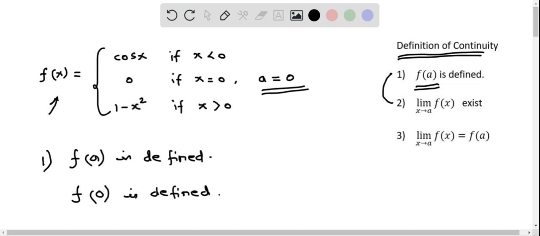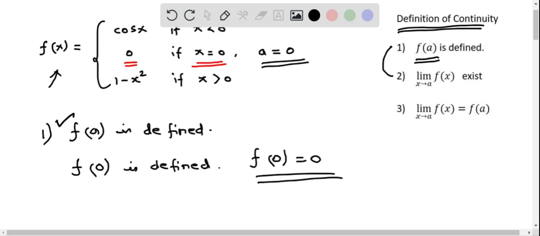We have this f of x and we have to determine f of 0. Clearly we can see that at x equal to 0, f of 0 is equal to 0. So I can write this down as f of 0 equals 0. So we have some value for f of 0. This is clearly defined, which means the first condition is satisfied.